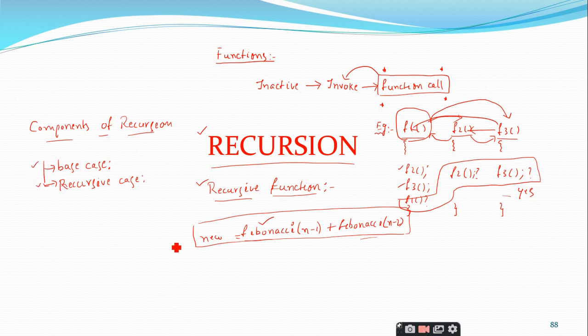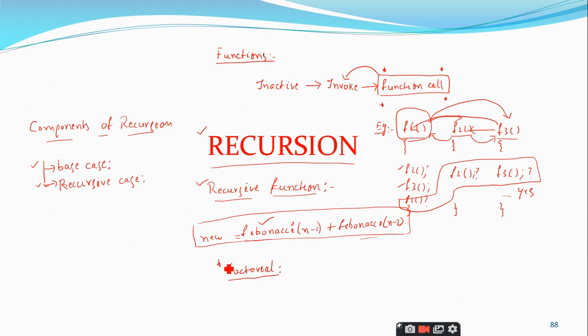Similarly, there is another very familiar example for recursion, that is factorial. In order to find the factorial of a given number, you are going to implement this particular program using the recursion concept.